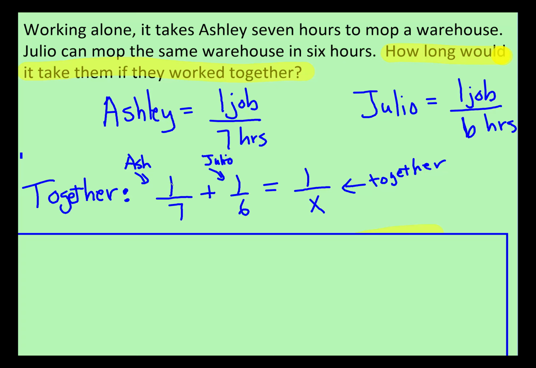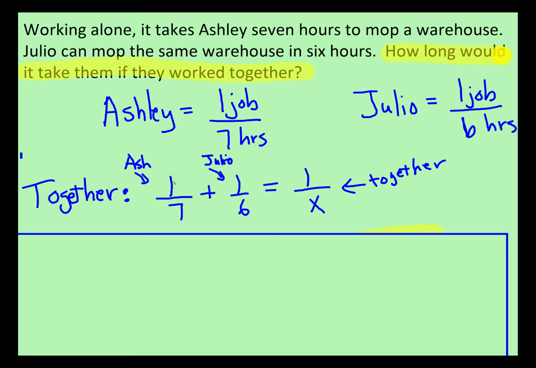So I'm just going to add 1 over 7, and you could still write job per hours, plus 1 over 6, and together they can do the one task in how many hours it'll take them to do it together. All right, so what do you remember about fractions? If you're adding fractions, they need to have the same denominator.